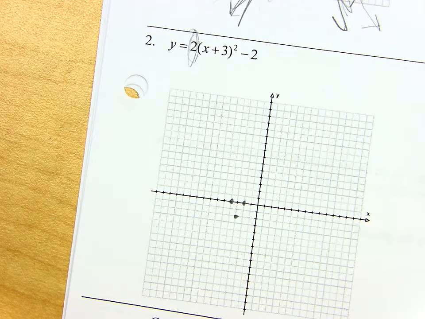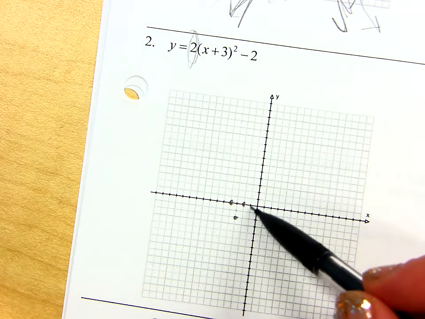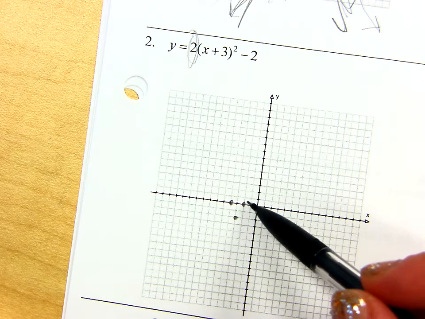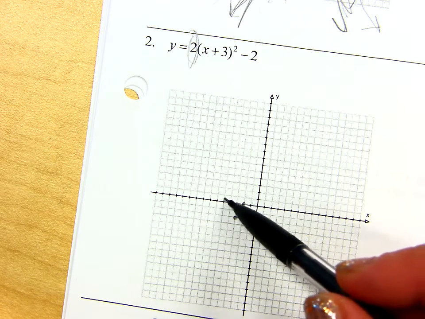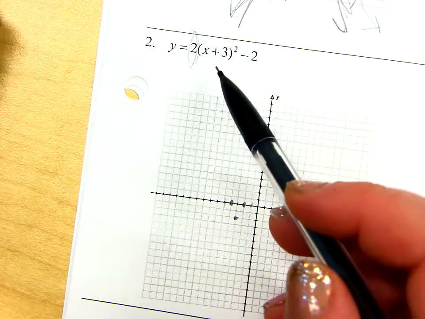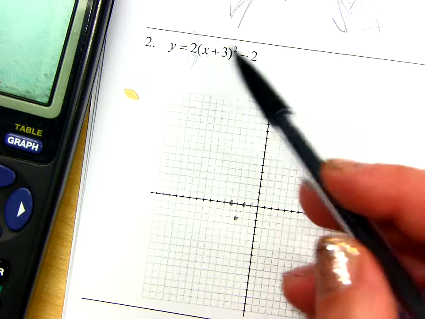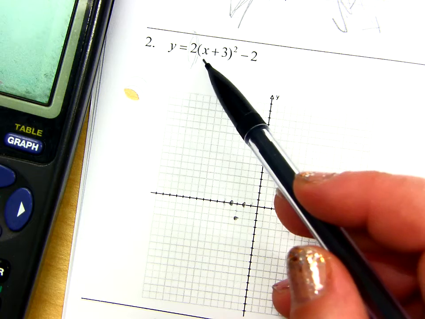So now, to find my next point, I'm going to plug in either -1 or -5. What would you rather? -1. Me too. So you can either ask Mr. Calculator to do the calculations for you, or if you're confident enough that you can do it in your head, that's fine. Just make sure that it's right.